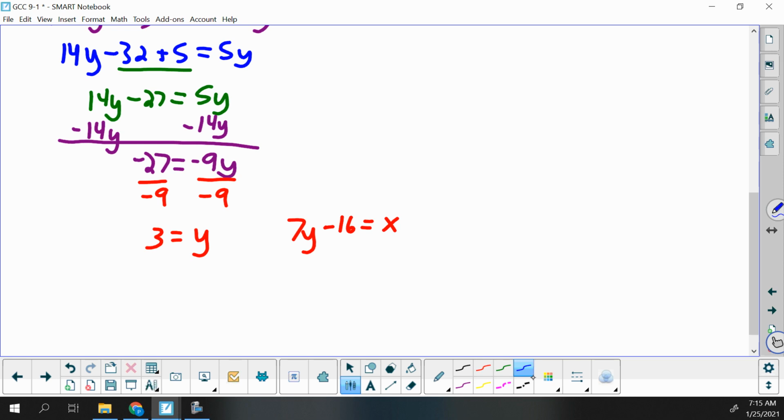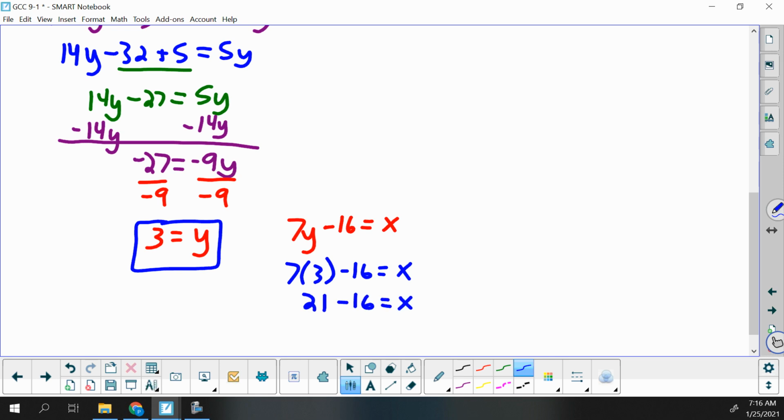This one looks like it'll be less rearranging, so y was part of our answer. We'll sub the 3 in for y in this equation so that we can solve for x. 7 times 3 is 21. And if we subtract, we'll get 5 is equal to x.